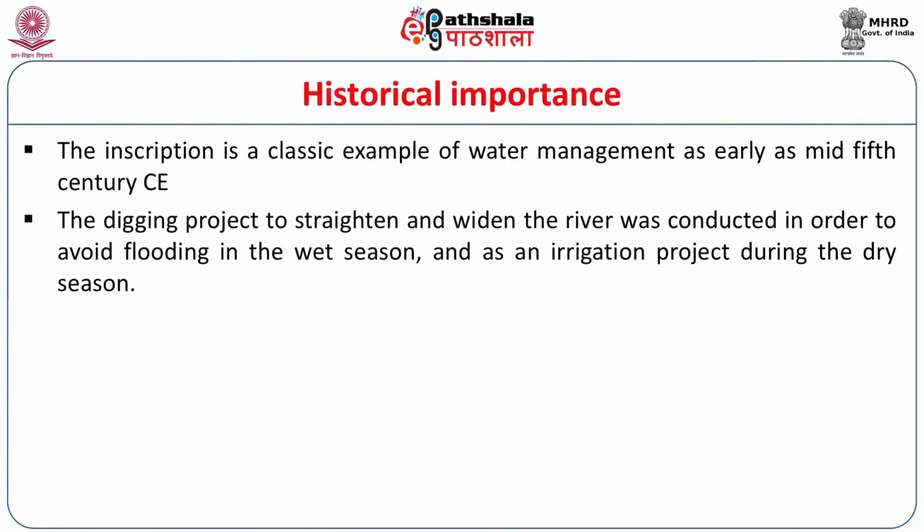In this case, the digging project was to straighten and widen the river in order to avoid flooding in the wet season and as an irrigation project during the dry season.